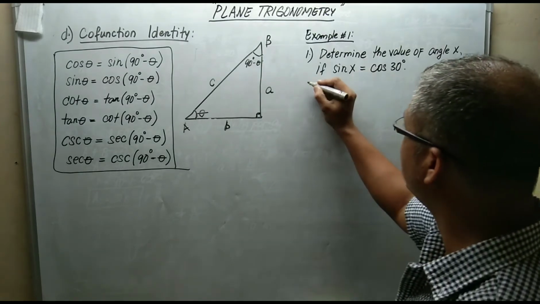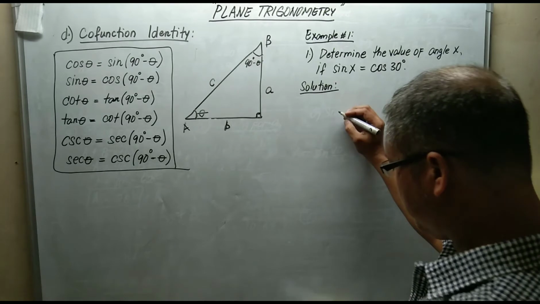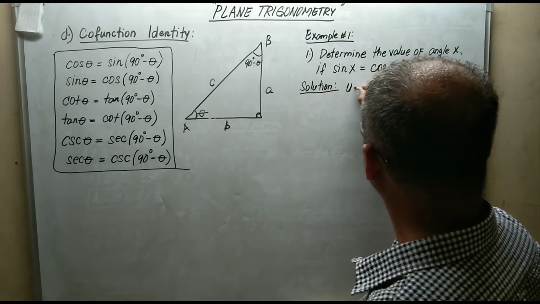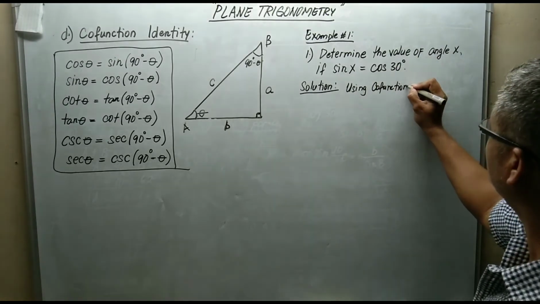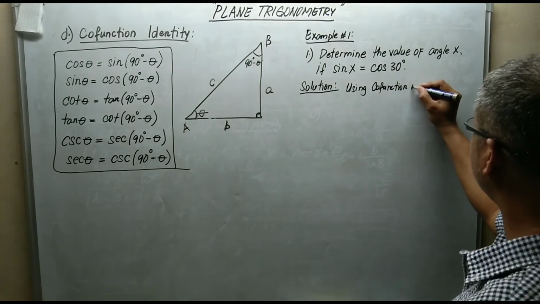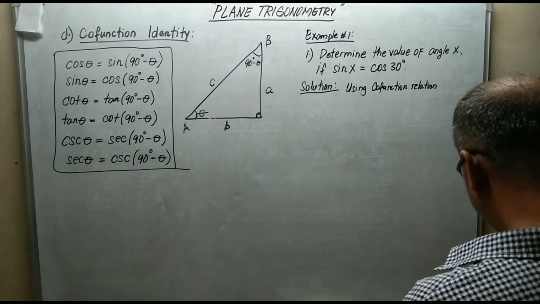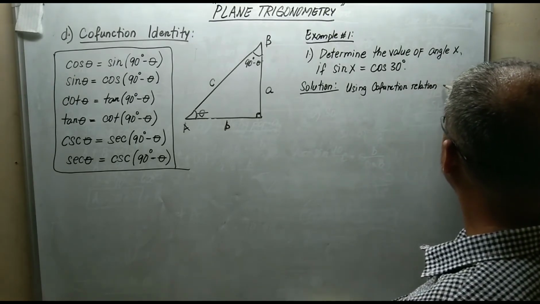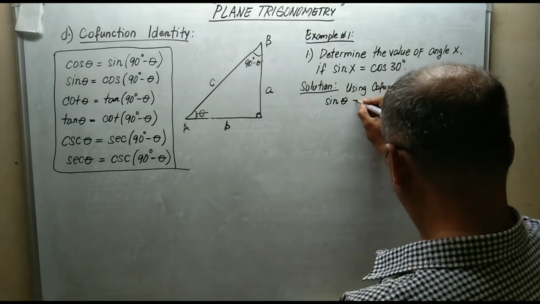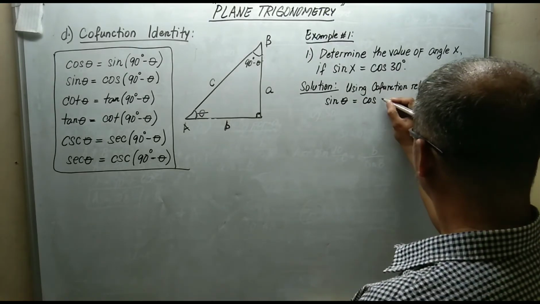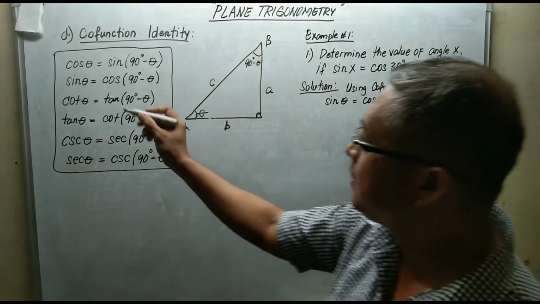Using the cofunction relation or identities, cofunction relation of sine theta is equal to cosine 90 degrees minus theta. Okay, so we're using sine theta, this one.